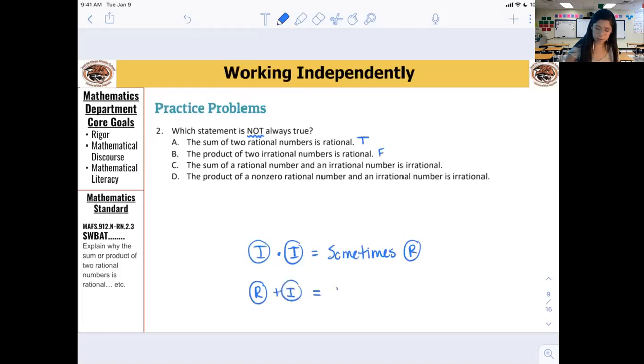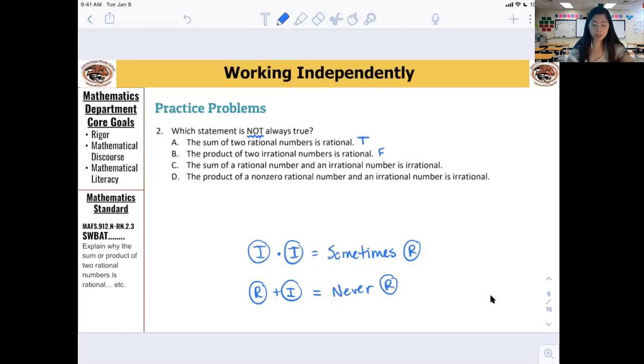Now the rest, just to double check. The sum of a rational number and an irrational number is irrational. Is that true? Is that a true statement? Rational plus irrational, will that ever be rational? Because we wrote down r plus I is never r.